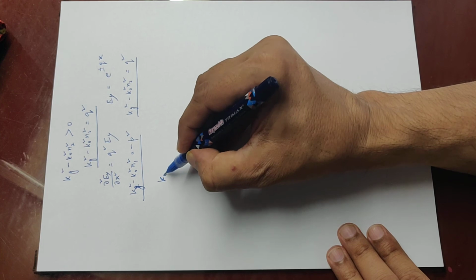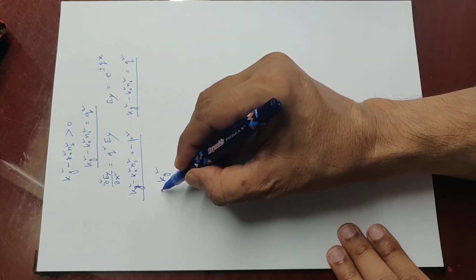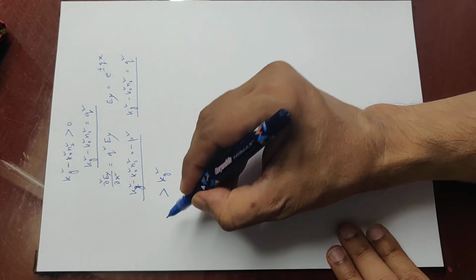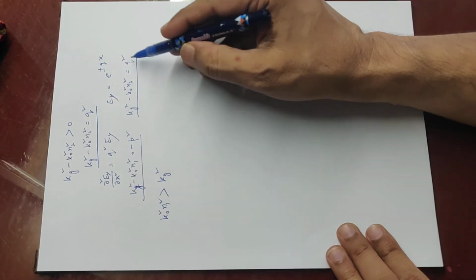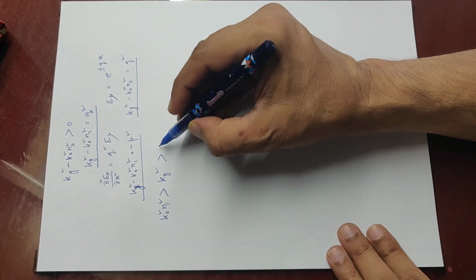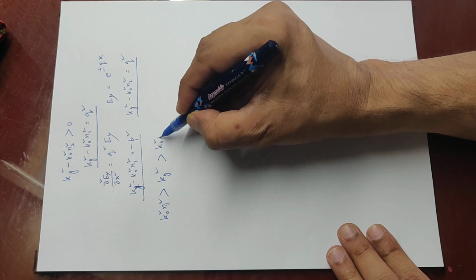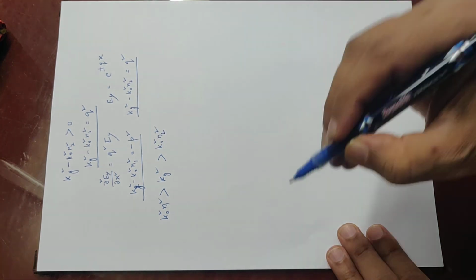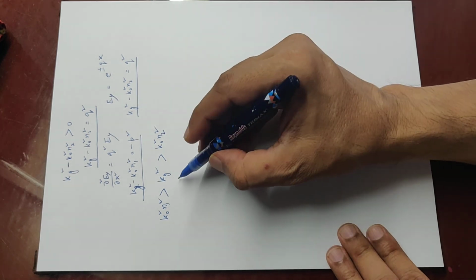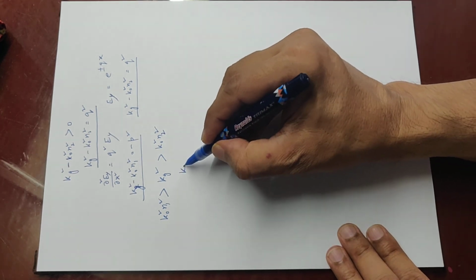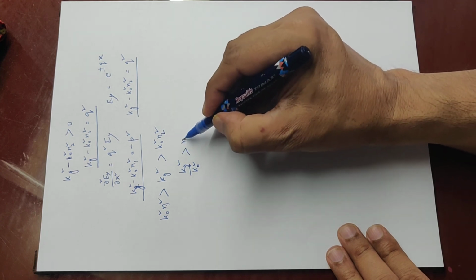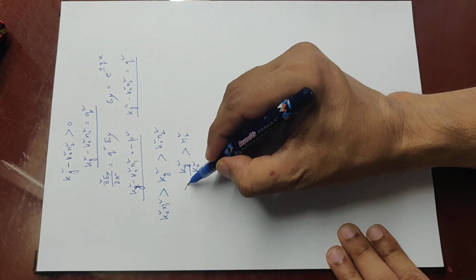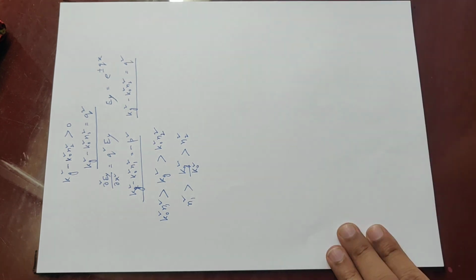So kg square will always have to be less than k naught square n1 square, and the other equation tells you it should always be more than k naught square n2 square. And so kg square by k naught square will have to be between n2 square and n1 square.